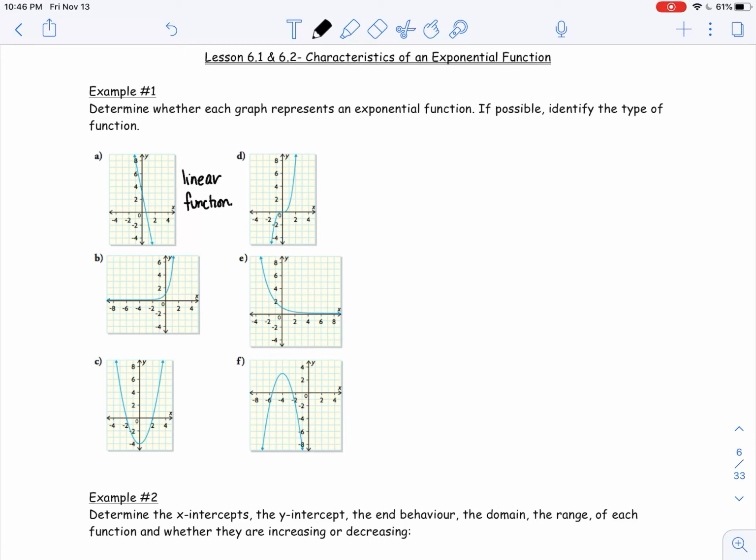And then last year, in 20-2, or if you were in 20-1, you looked at quadratics. That's what these two are. These are quadratic functions, where they're in that parabola shape. So this can be representing a ball being thrown up into the air and falling. So these are both quadratics.